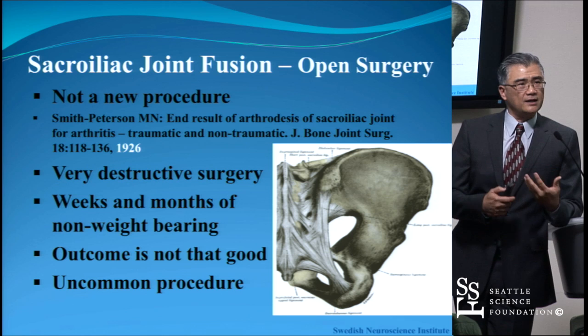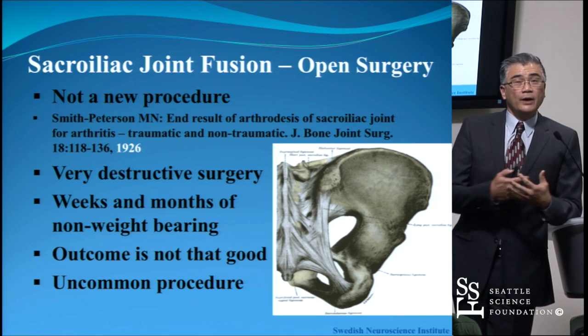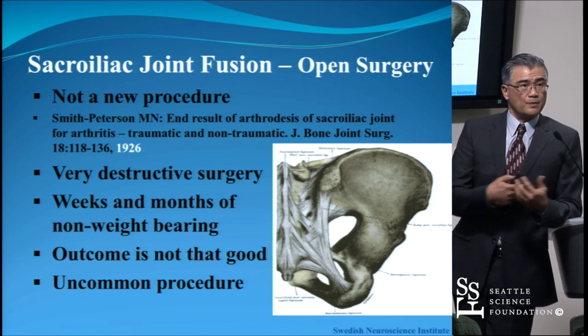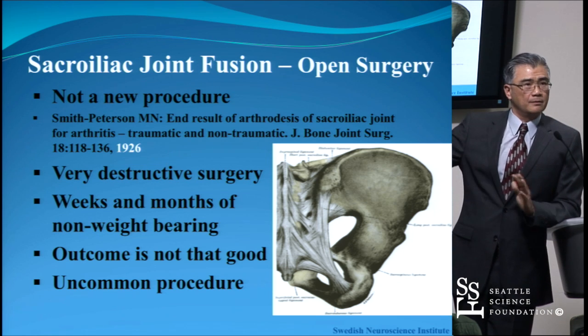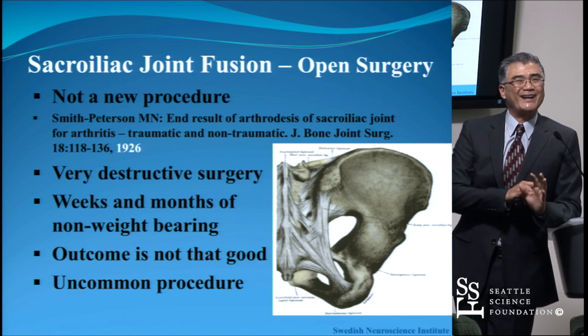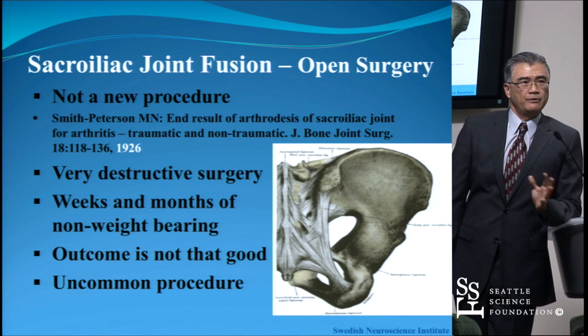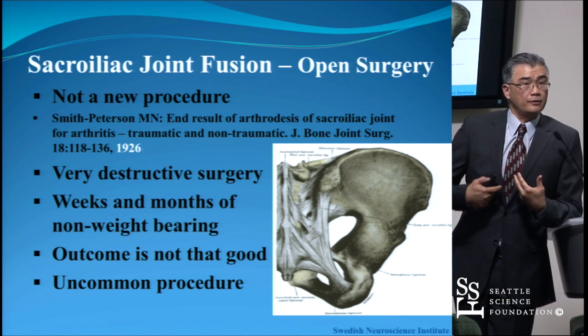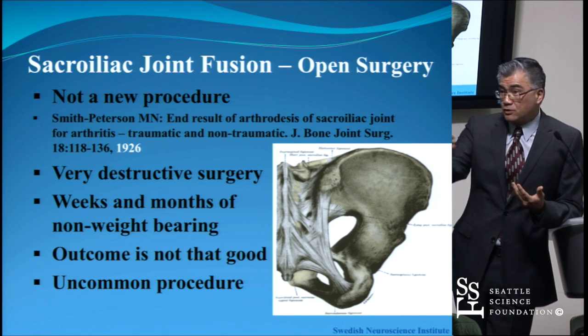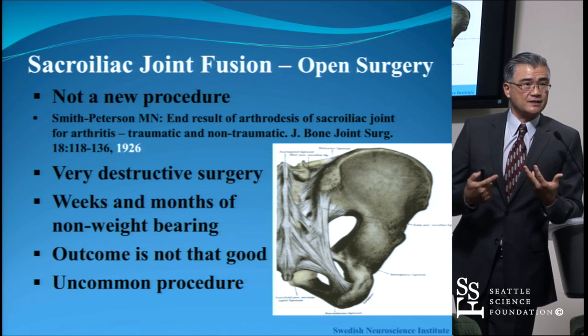That's why, at least in the surgical world, SI joint fusion basically disappeared, except for trauma. For degeneration or other reasons, we never saw one during our residency or during my early practice, and a lot of my colleagues here never see one or do one.